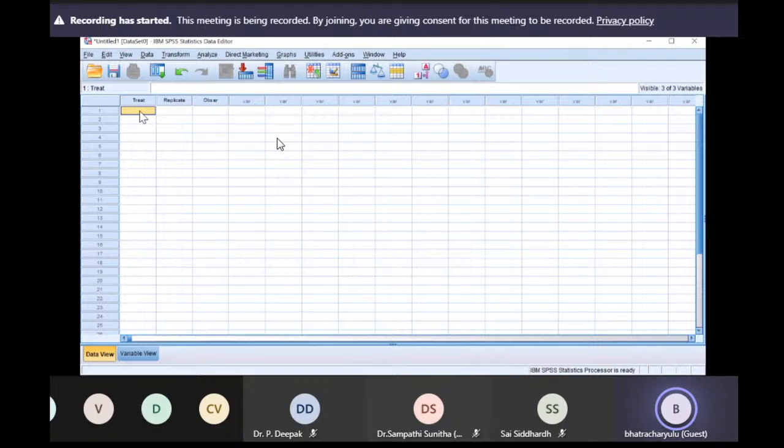Write A, and in digital form A is indicated by 1. So treatment 1, again 1. So the first treatment has 4 replications. In the replication column, you write 1, 2, 3, 4.